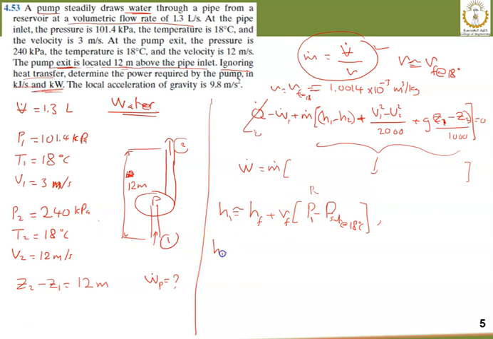So H1 minus H2 will equal hf plus vf times P1 minus P sat, minus hf, then minus vf times P2 minus P sat.